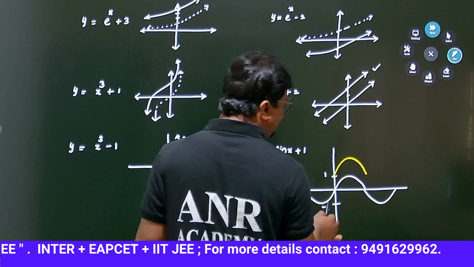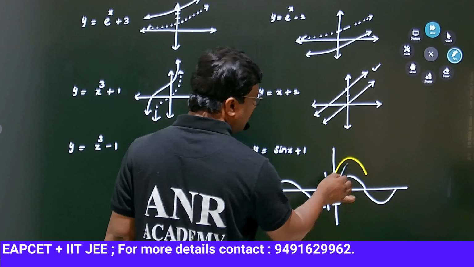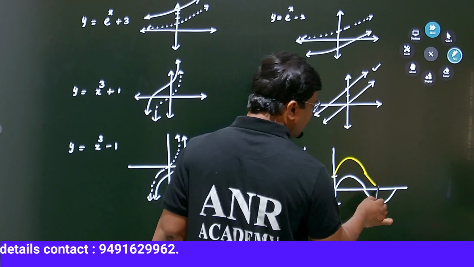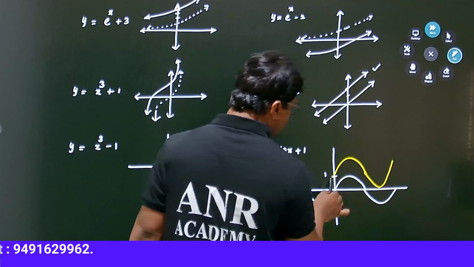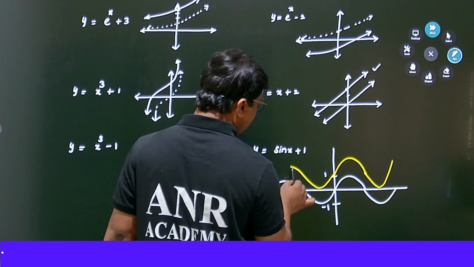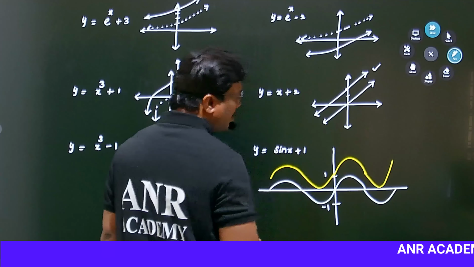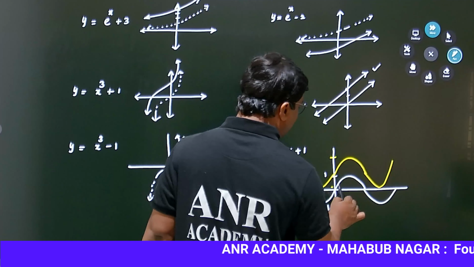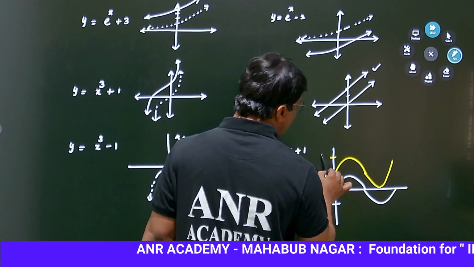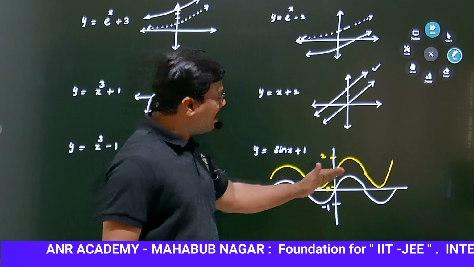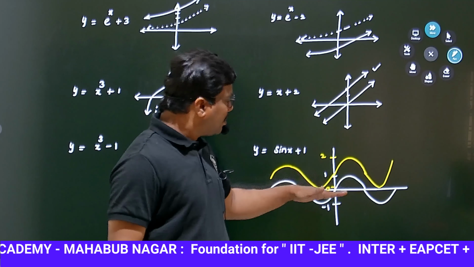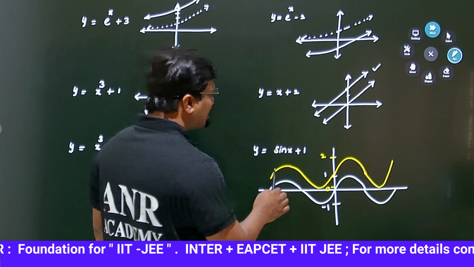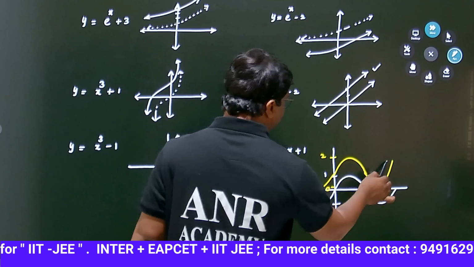This is 1 unit above. 0 goes to 1, 1 goes to 2. 0 goes to 1, minus 1 goes to 0. This is the graph. And the graph exists in the interval 0 to 2, remember. The entire graph, which is shifted 1 unit in the upward sense, so that this is the final graph of sin x plus 1.